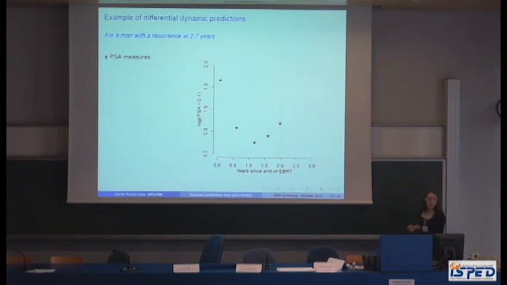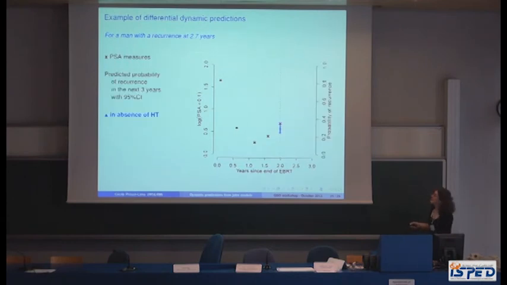How can we use that in practice? Well, let's say that we have a man with a clinical recurrence at 2 and 7 years. That was one of the men of the data. And we have these repeated measurements until 2 years. And at 2 years, we want to know what we should do for this man. We can compute his probability of having the event in absence of change in his treatment, so in absence of initiation of hormonal therapy.